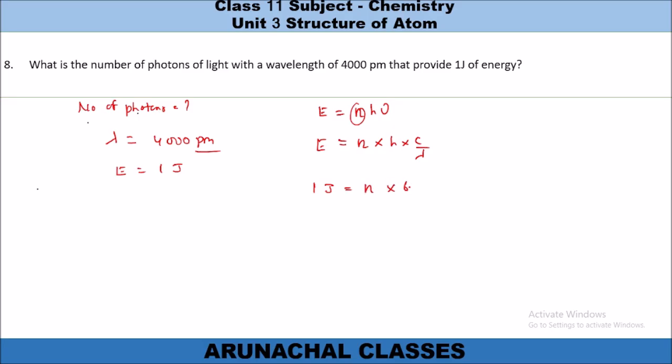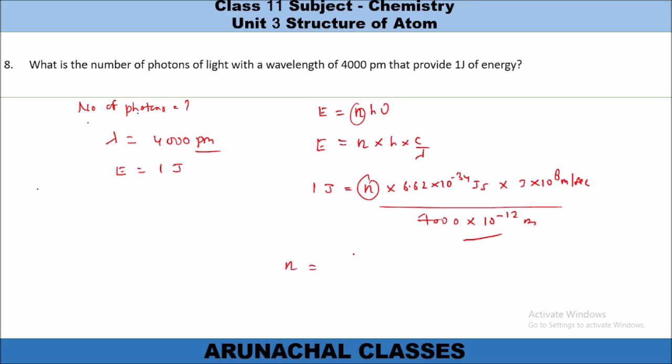Multiply with Planck constant 6.62 into 10 power minus 34 joule second, multiply with c, that is 3 into 10 power 8 meter per second, divided by lambda. Lambda is 4000 picometer, so I will convert into meter: 4000 multiplied with 10 power minus 12 meter. So I need to find out only the n value.